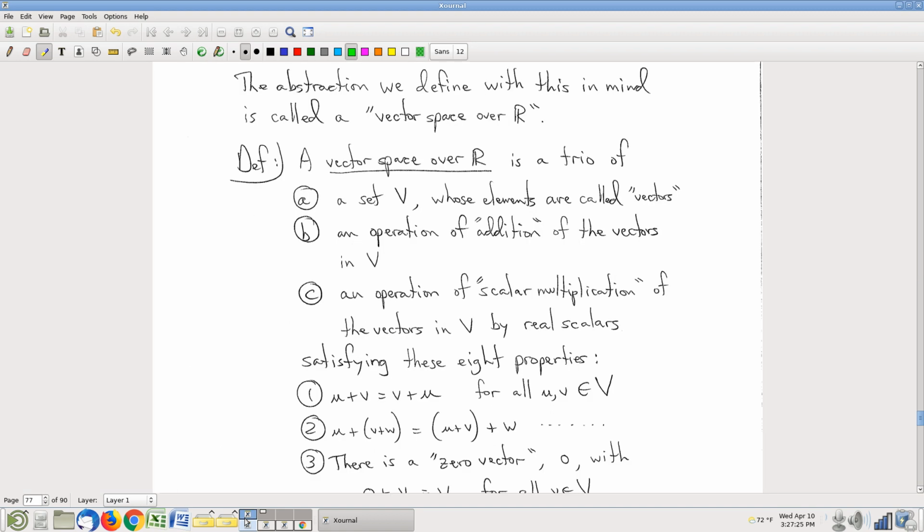Going back in the notes, here's the page where we defined vector space over the reals. And among many other requirements, notice that one little detail is that scalar multiplication specifically was scalar multiplication by real scalars. This real scalars here is what we mean when we say over the reals.